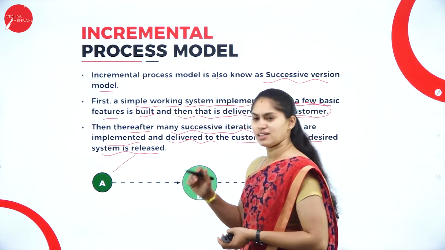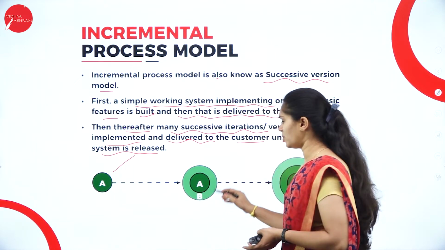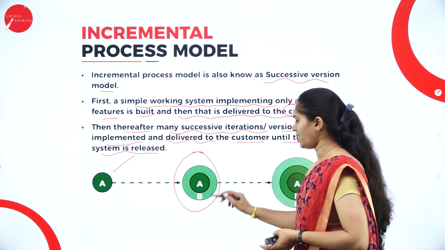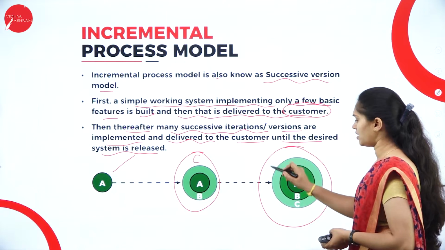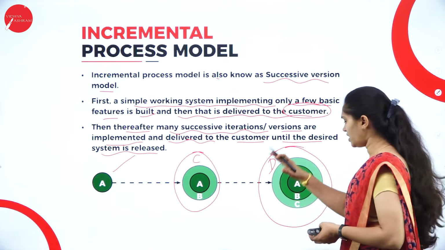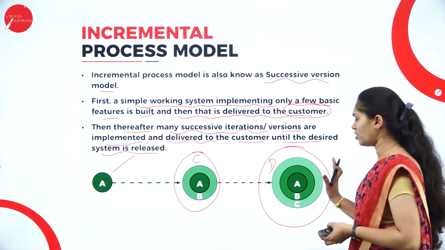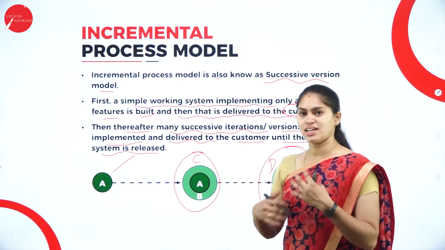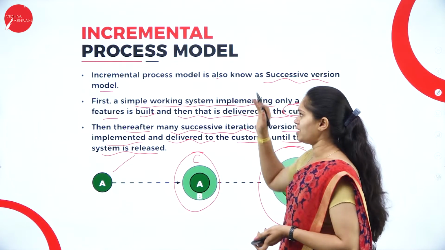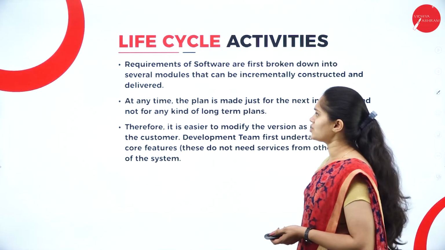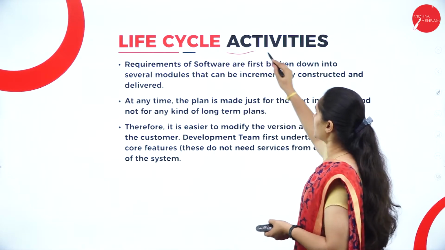Here they will come up with a module, then work on another module, say A, B, I can take C again. If the user comes up with one more feature, it can be added together. When the number of radii or circumference grows larger, we can say we have more features in this incremental process model.